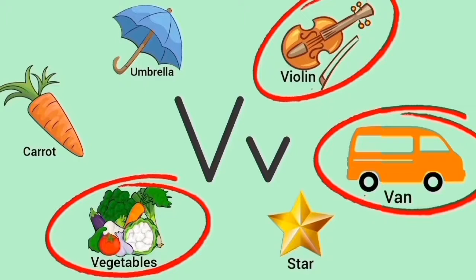So, we will not circle it. The last object is umbrella. Umbrella starts with U and not V. U for umbrella. So, we will not circle it. Our activity is done.